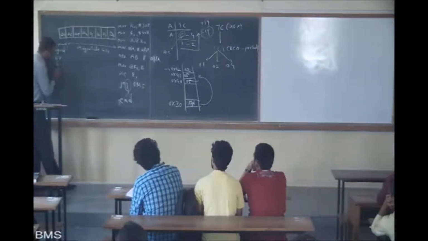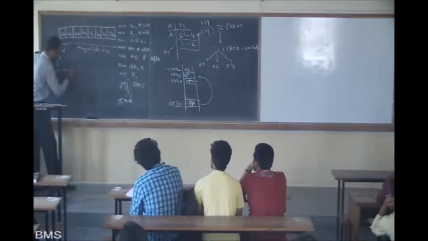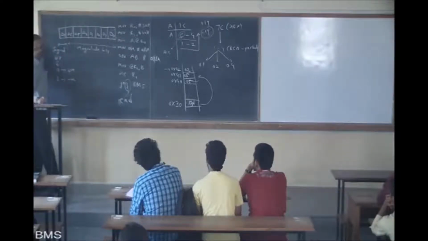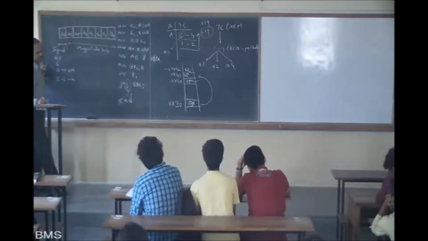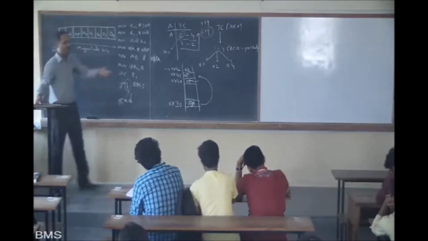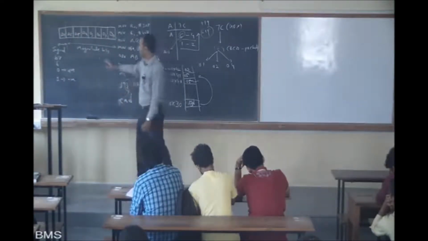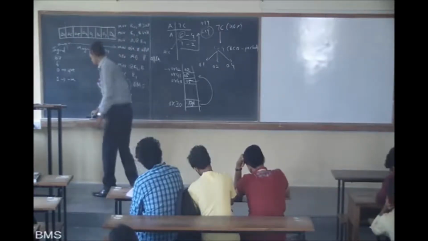Signed bit, if it is 0, then the magnitude is a positive magnitude. If it is 1, it is a negative magnitude. Is it clear? So for signed arithmetic operation, first we need to know how we are representing the signed number. This is how we represent a signed number. Please write this down.